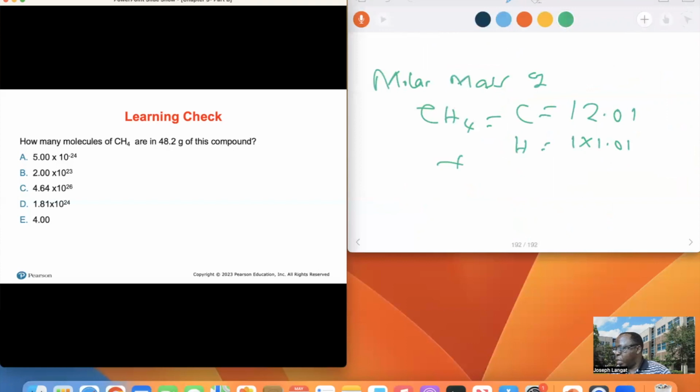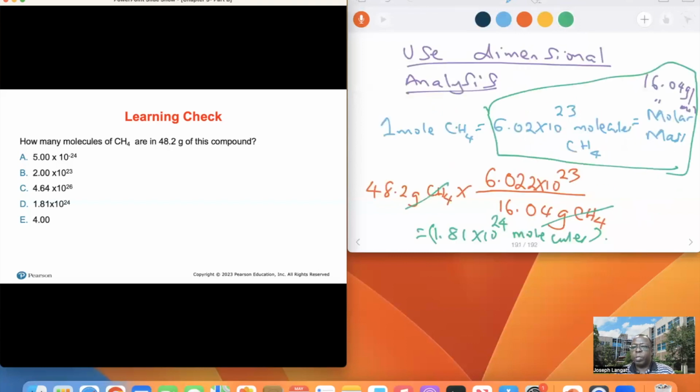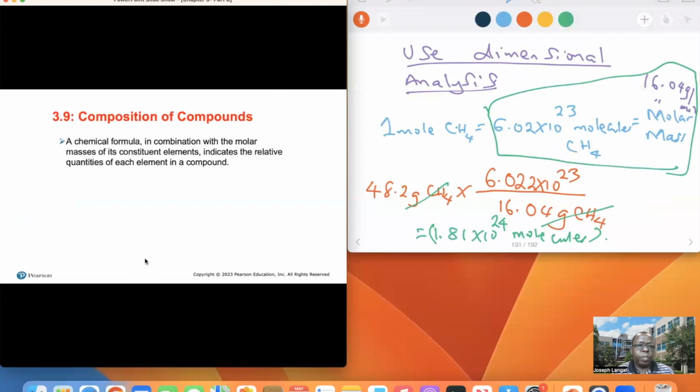We have 4, so it's going to be 4.04. So that's how to find the molar mass. In case you're wondering how I ended up with 16 here, use the periodic table. Sometimes you may be given it. So learn more, go back and do more practice on that.